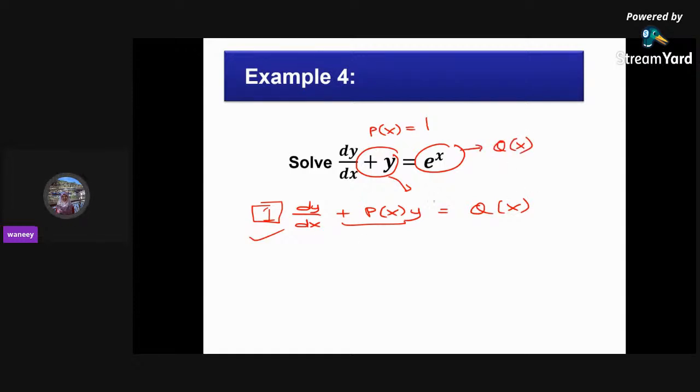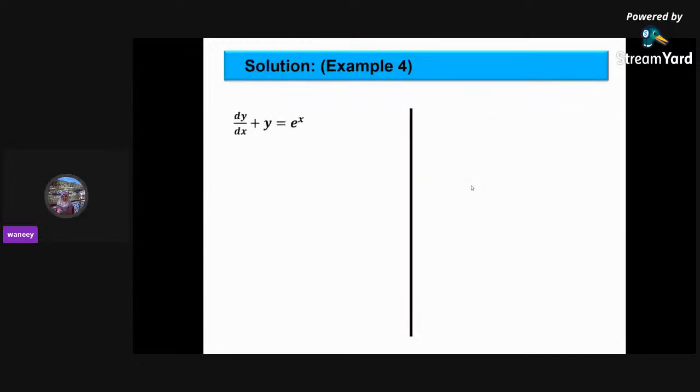Okay, so once we compare, we can easily see what is the coefficient of dy over dx, what is p(x), and what is q(x). Next, we're going to calculate our integrating factor. So v(x) is e to the power of the integral of p(x) dx.